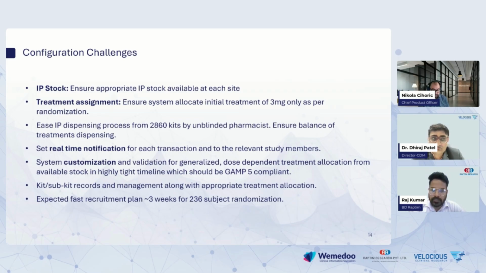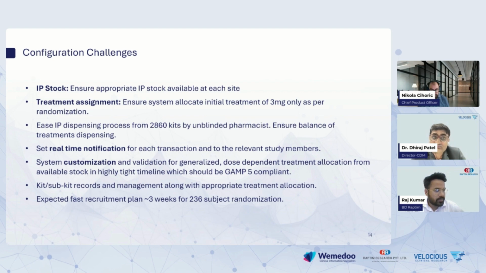That was very important to notify each and every study team member that a particular patient is now randomized, with the allocated kit number and a hyperlink to open the exact location of the page, so that the receiver can see the data is appropriately entered and the kit is allocated appropriately. We also customized our system according to study-specific requirements as well as regulatory requirements, and GAMP5 compliance was also followed.